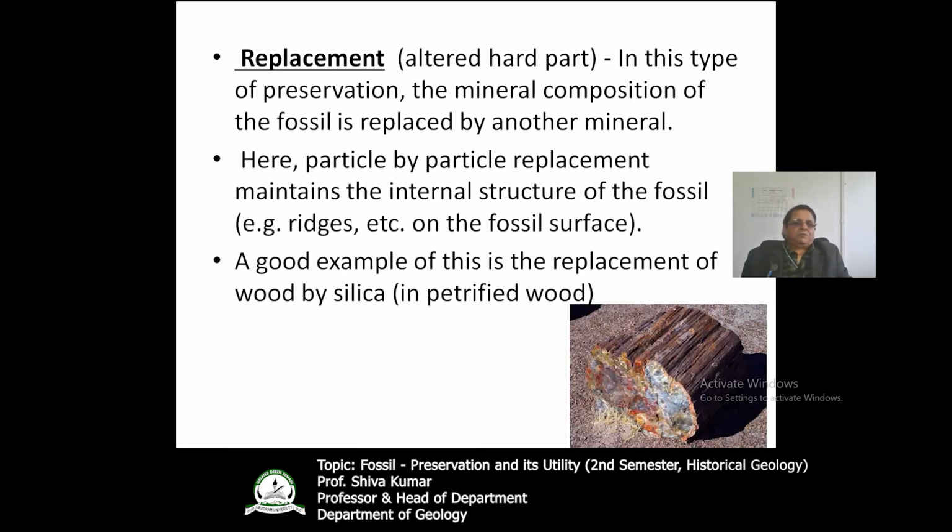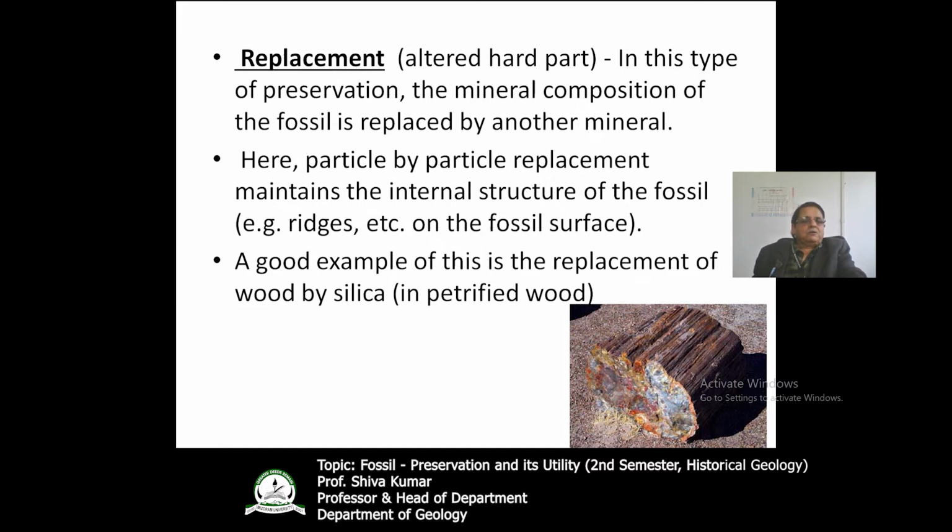Now, replacement. Here the original composition of the hard parts is changed. In this type of preservation, the mineral composition of the fossil is replaced by another mineral. Particle by particle replacement maintains the internal structure of the fossil, for example, ridges on the fossil surface.